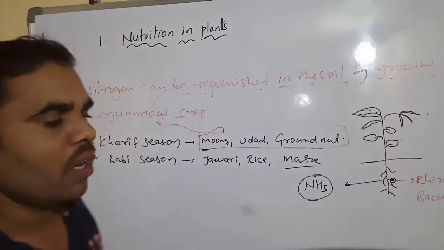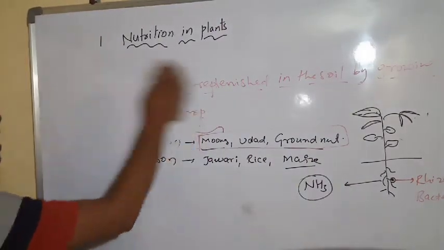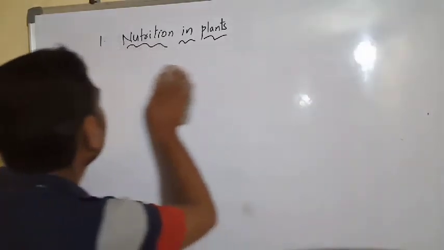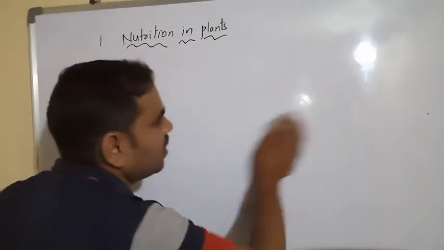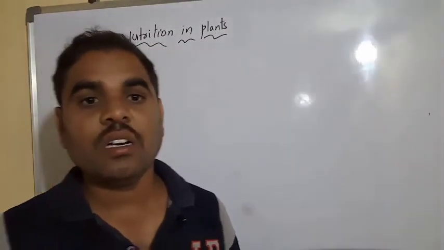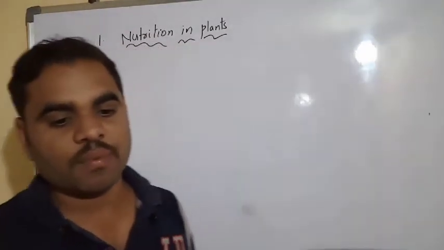Next, we have to learn about the cell. Cell is the fundamental unit of life. Cell is the structural and functional unit of life. Cell is the smallest unit of life. We have to learn about the cell. What is the cell?